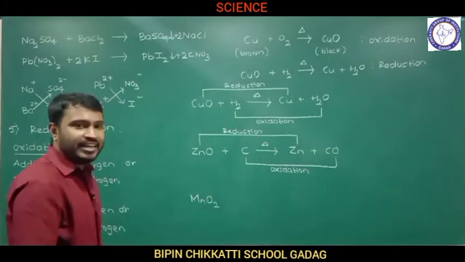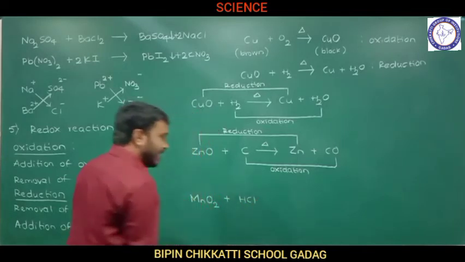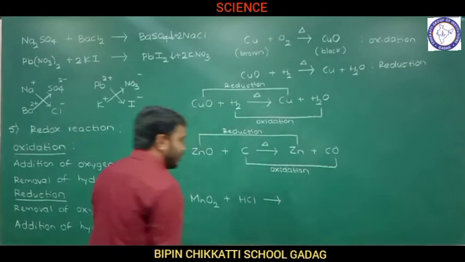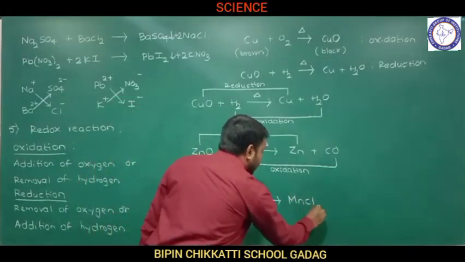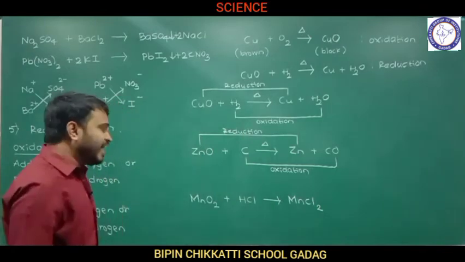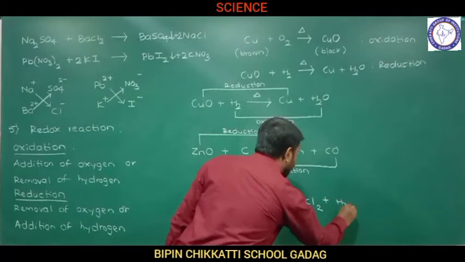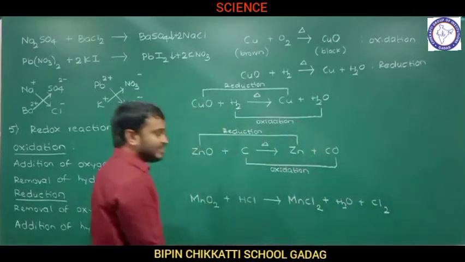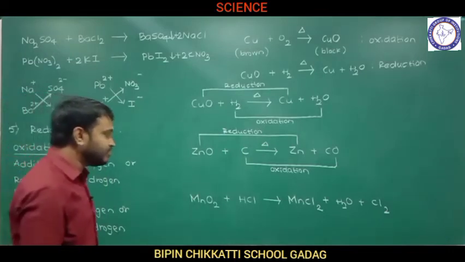MnO2, manganese dioxide, when this reacts with HCl, hydrochloric acid, what are we going to get here? The products for this reaction are manganese chloride, MnCl2, and water, and the gas released is chlorine gas, that is Cl2, and we need to balance the equation, isn't it?